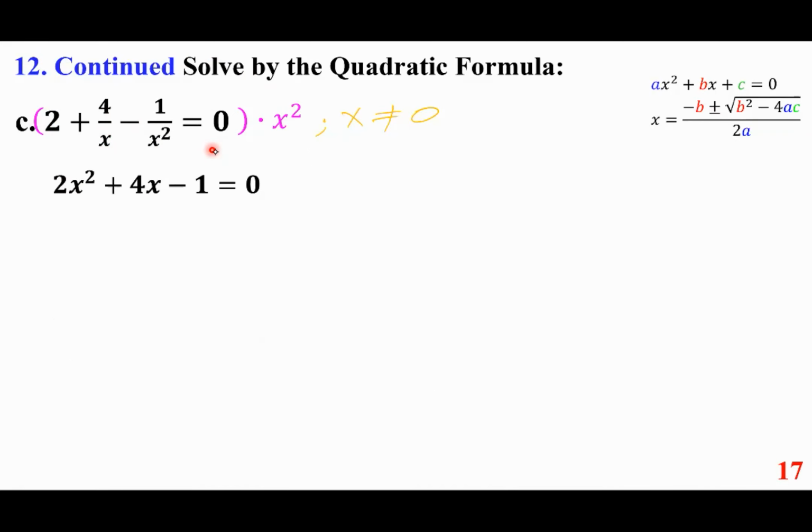Now, it has been transformed into a quadratic equation where a is 2, b is 4, c is negative 1. Again, it's good practice to write this and plug it into the formula.